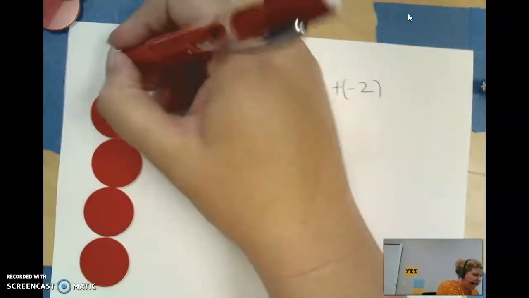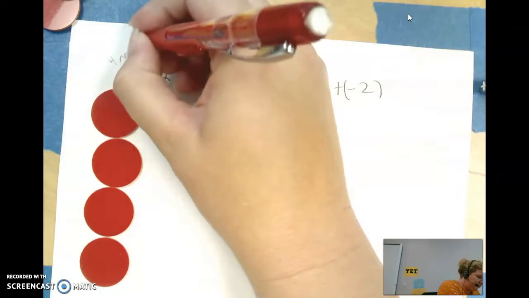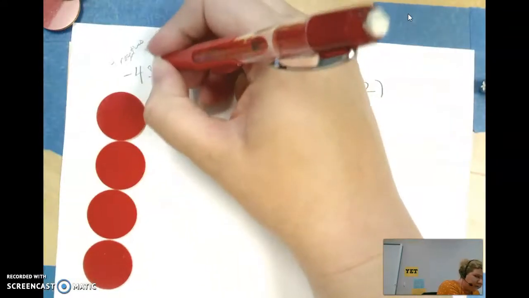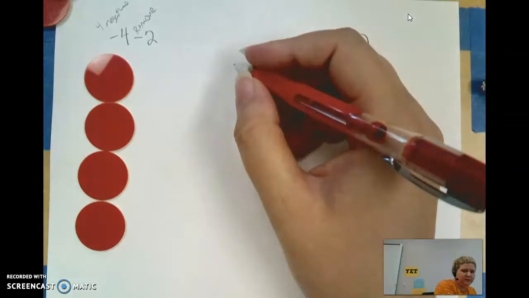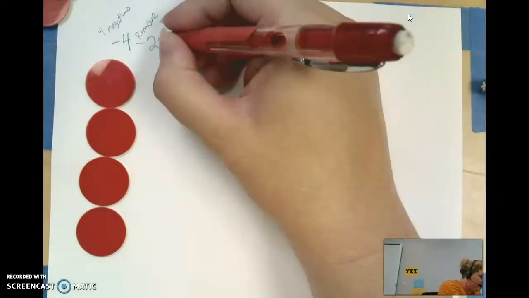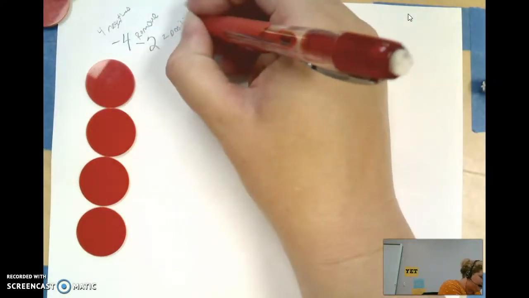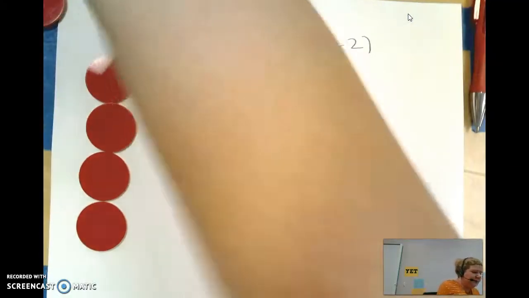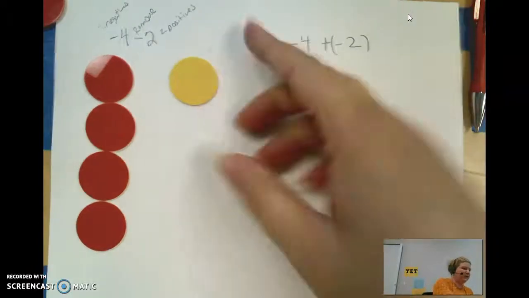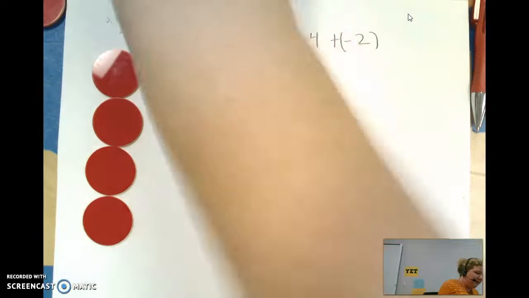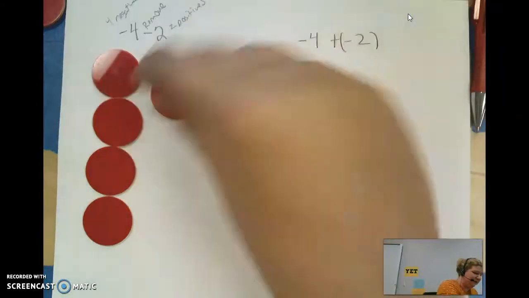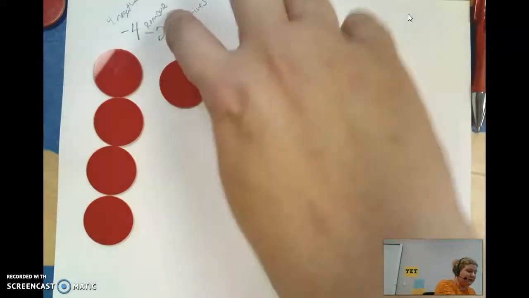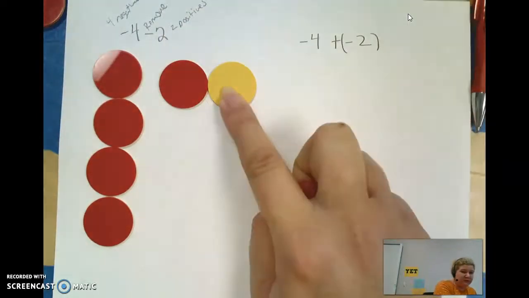I've got 4 negatives, and I need to remove 2 positives. So I don't have 2 positives. So I can't just put a positive there because it changes the value. But what I can do is add a 0 pair because that does not change the value. So I can add a 0 pair, and when I try to remove 2 positives, I only have 1.